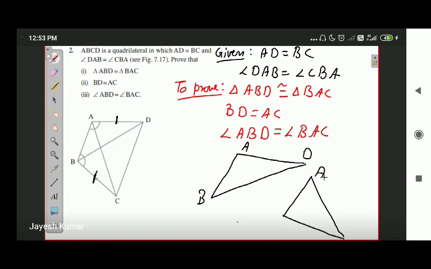A, B, C. Okay, now what we have is, we have line BC and line AD as equal, as well as angle A and angle B are equal. We need to prove that both of these triangles are congruent. So let us start with it.